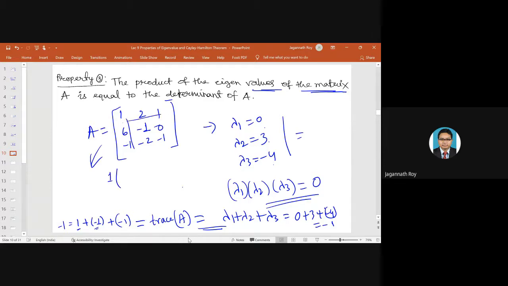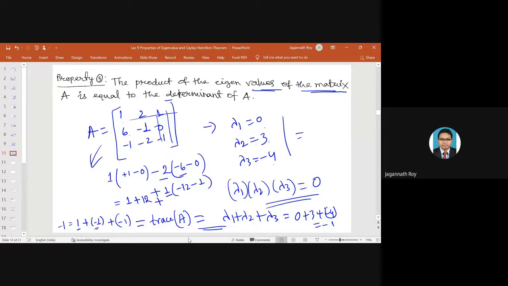1 times, so minus of minus plus 1 minus 0, then minus 2 times minus 6 minus of 0, then plus 1 times minus 12 minus of minus 1. If you look here, it is 1 minus of minus 2 into minus 6, so this becomes 12.